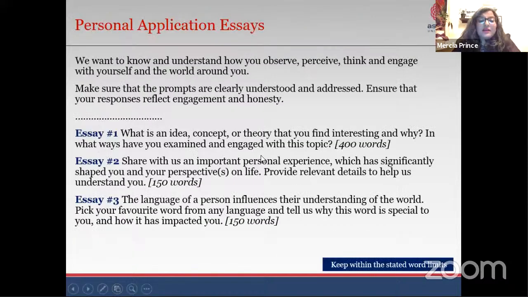Okay. I suppose this is one that most people have a little bit of apprehension about. It's the personal application essays. But if you understand why we ask you to write these, maybe it'll be a little bit easier.